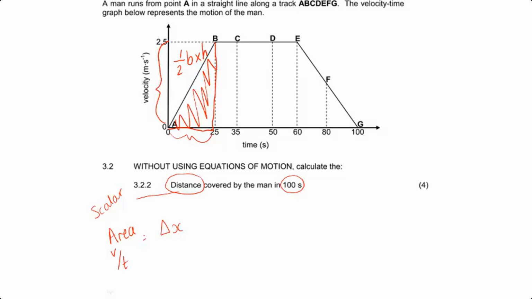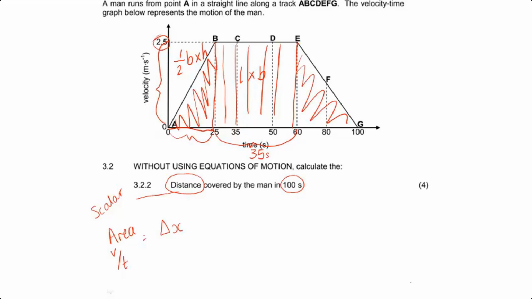And then we're going to add this rectangle over here, and it's a rectangle, so its area is length times breadth, and here we're going to use 60 minus 25, which is 35 seconds, as our length, and then again 2,5 minus 0, in other words 2,5 meters per second as our breadth. Then we also have this triangle here, and it has area half base times height, and the base there is 100 minus 60, which is 40.